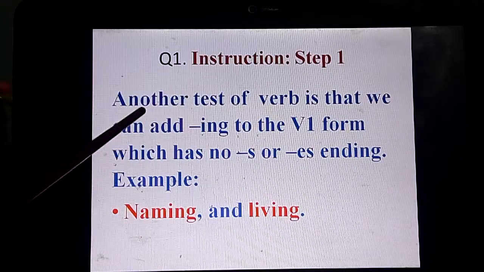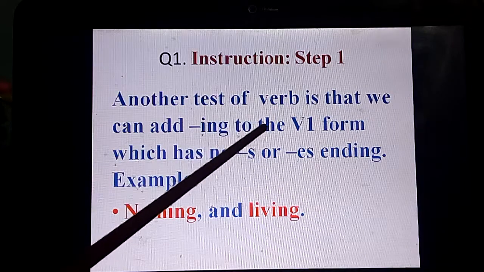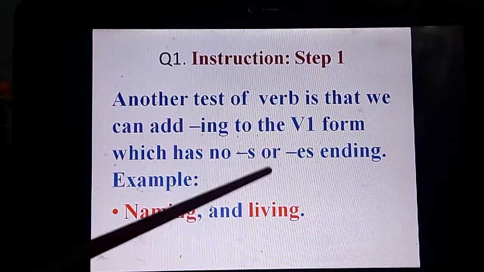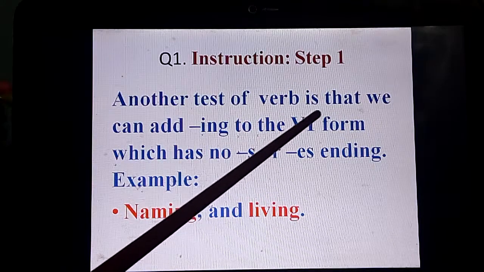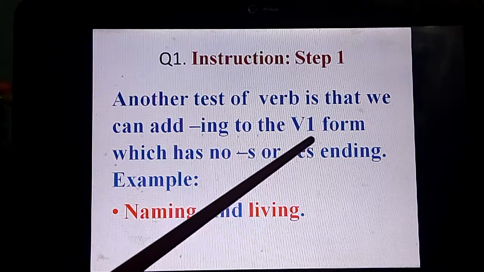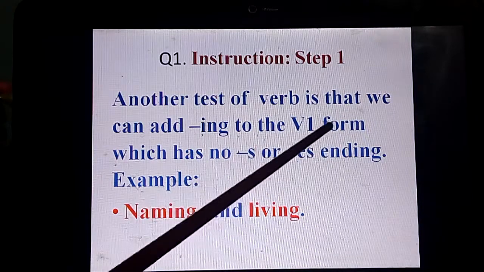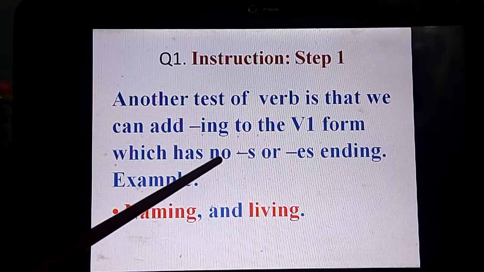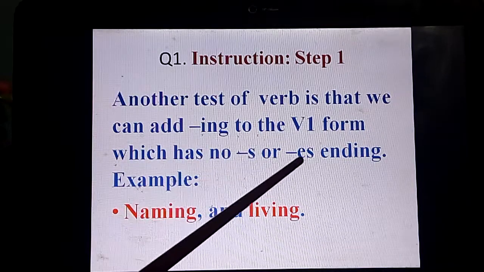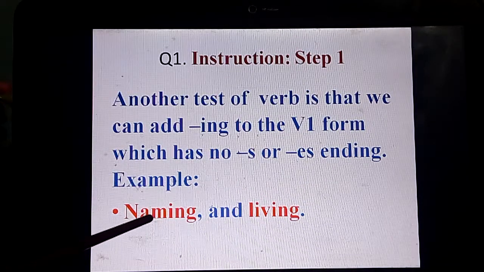So another test of the verb is that we can add ing to the first form of the verb, V1. We often call them V1 first form, V2 second form, and V3 third form, and the ing form is often known as V4 form. In different books you will find all these words. Example, naming: name, name, names, names.